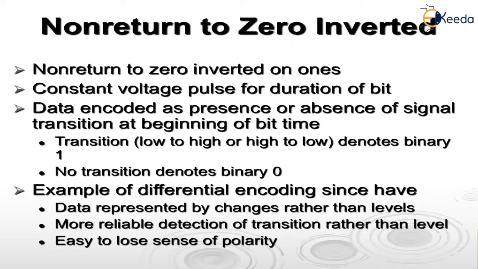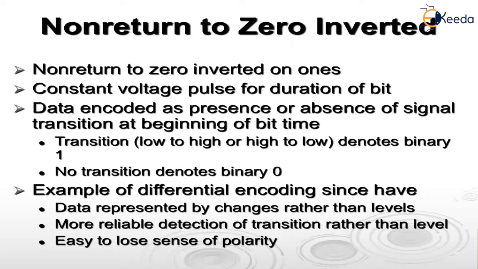One benefit of differential coding is that it may be more reliable to detect a transition in the presence of noise than to compare a value to a threshold. Another benefit is that with a complex transmission layout, it is easy to lose the sense of the polarity of the signal.